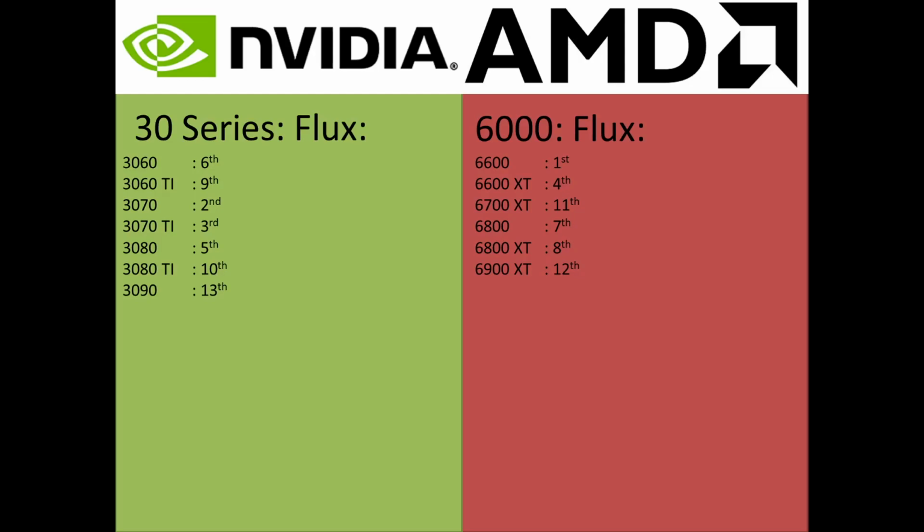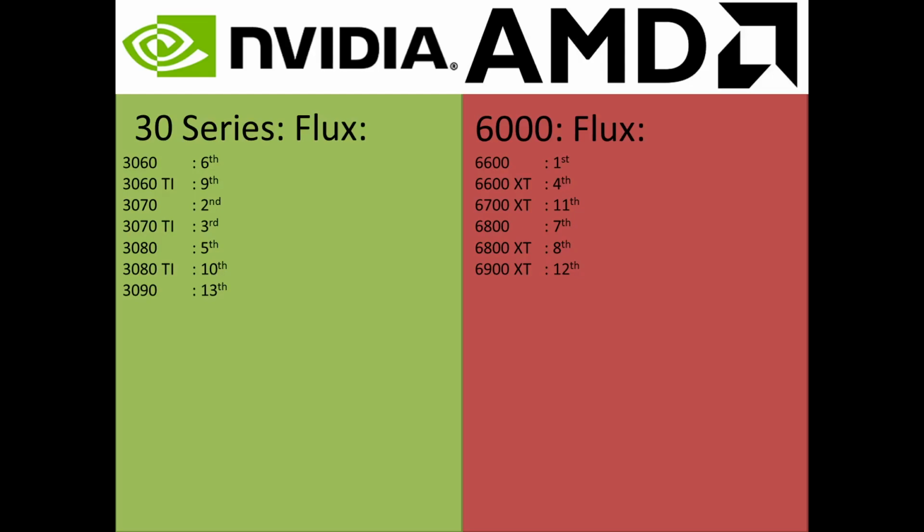6600 XT is fourth, 3080 fifth, 3060 sixth, 6800 seventh, eighth, and then ninth back to 30 series, 10th 30 series, 11th 12th 6000 series, and finally 13th 3090s.